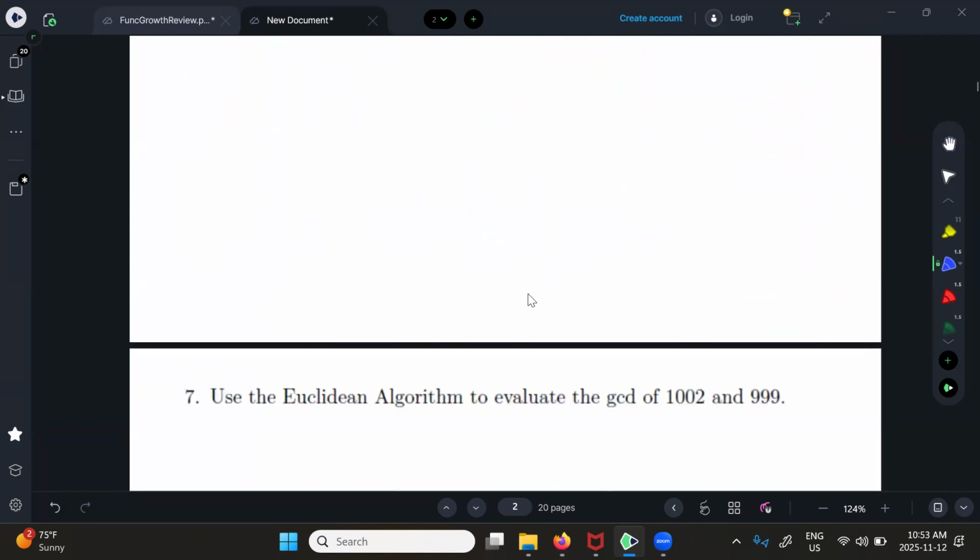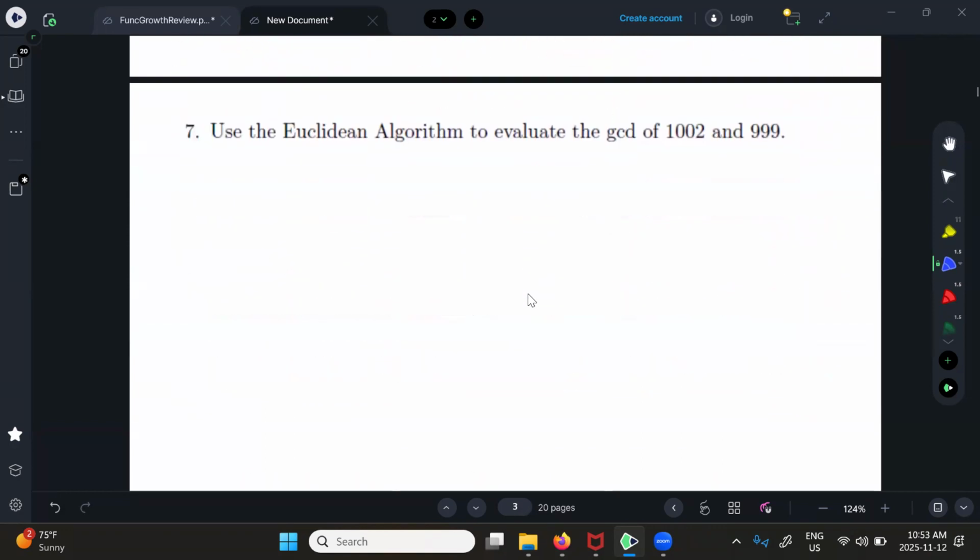I thought I had one more. Okay, Euclidean algorithm to evaluate the GCD. I have an example in my lecture notes, which I recommend you solve. I think I was going to add this as an exercise. So you know what you're doing. Take the bigger one, divide it by the smaller one, note down the remainder.